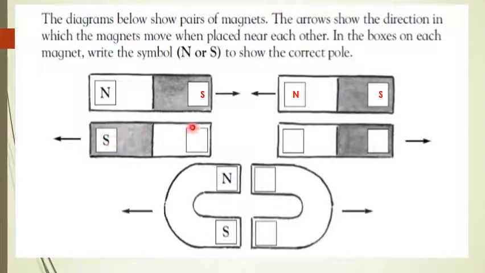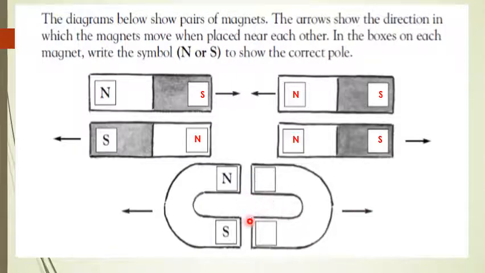If this is the South Pole, then this is going to be, of course, the North Pole. And if the two magnets are repelling from each other, then this pole should be similar or different from this one? Yes, it should be similar, and that will make this pole a North Pole. Very good. Now, if this is the North Pole, then this is going to be the South Pole.